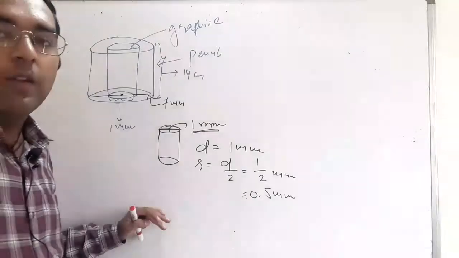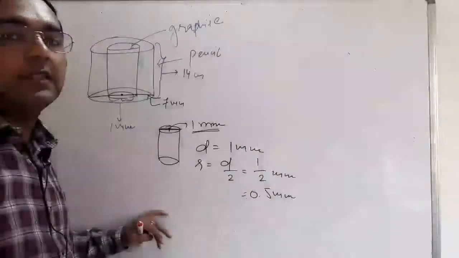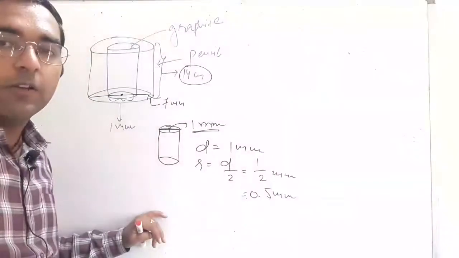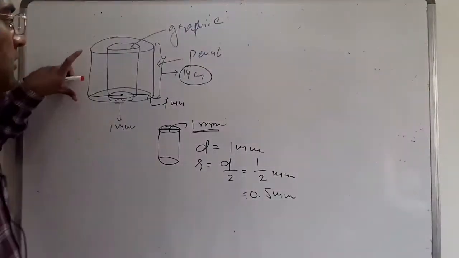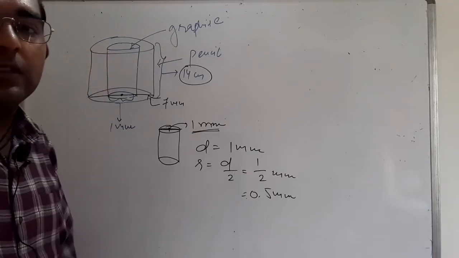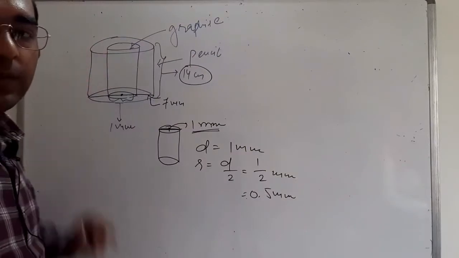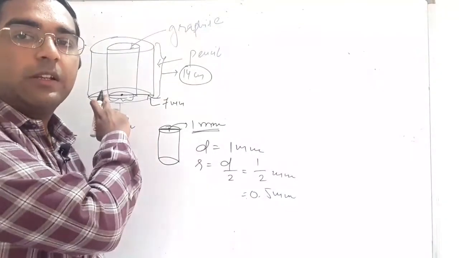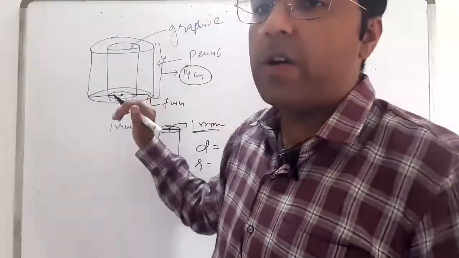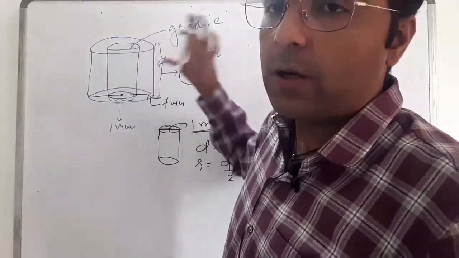Now we have to find all these things in centimeter, because my height is given as 14 centimeter. The height of the pencil must be equal to the height of the graphite cylinder, because the height of the graphite and the cylinder are equal.